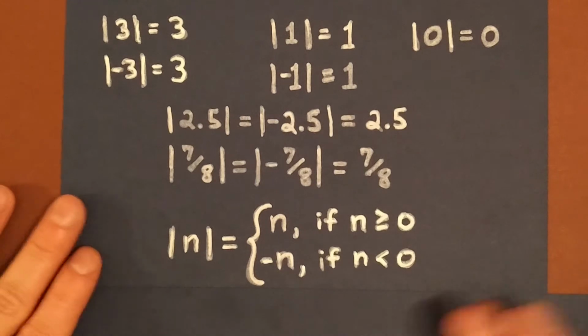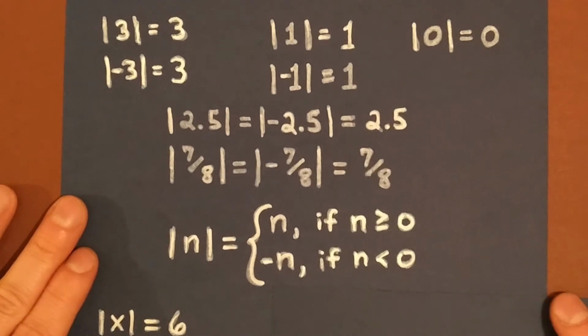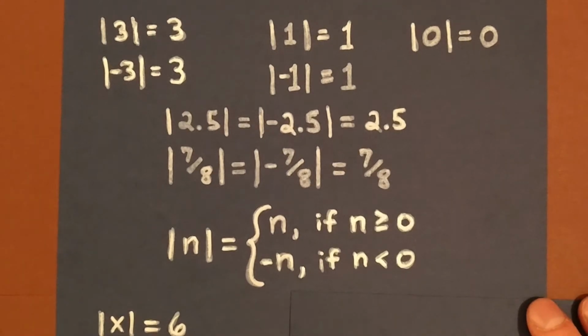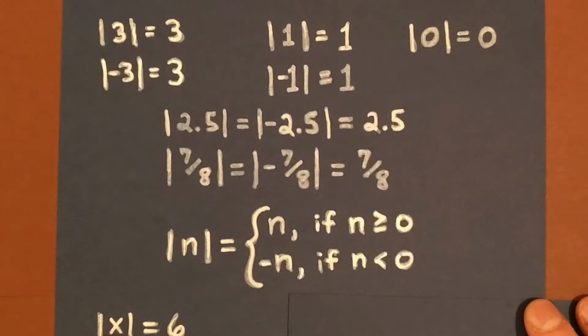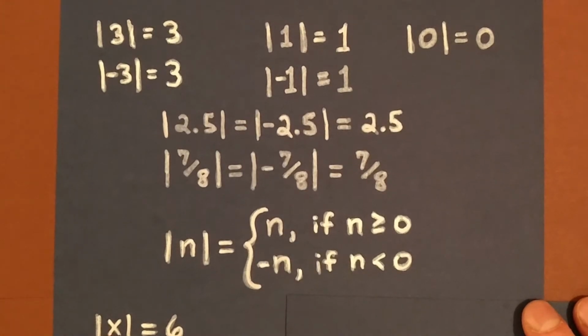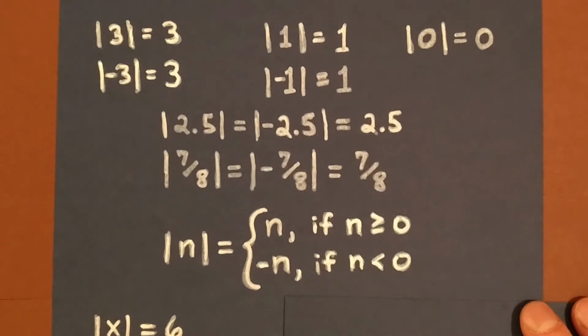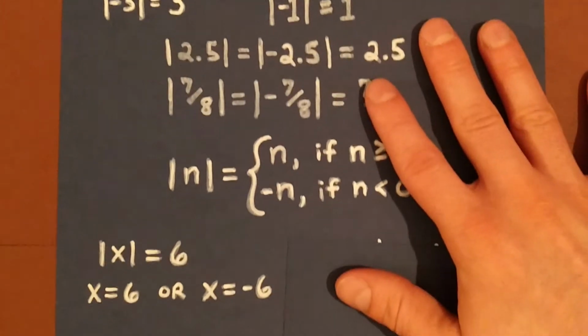So let's look at an example with an equation. The absolute value of x equals 6. To solve this equation, we have to think of what numbers would satisfy this, what numbers have an absolute value of 6. And there are two numbers that have an absolute value of 6.